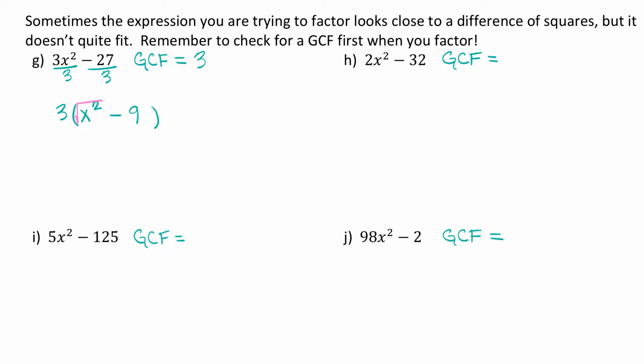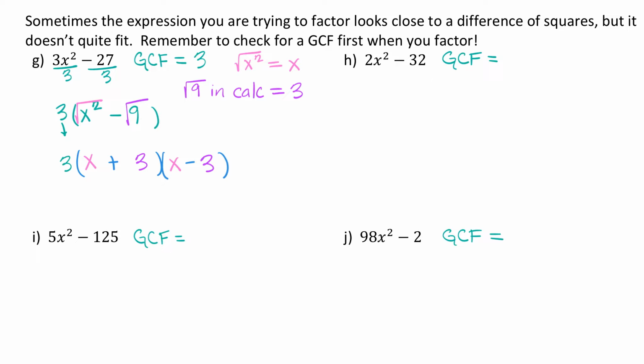So we square root the x squared, and the square root of x squared is x. That is going to be at the beginning of our double set of parentheses. And then the square root of 9 is 3. Remember, one is a plus and one is a minus, but don't forget the GCF of 3 at the very beginning. So that is our answer.